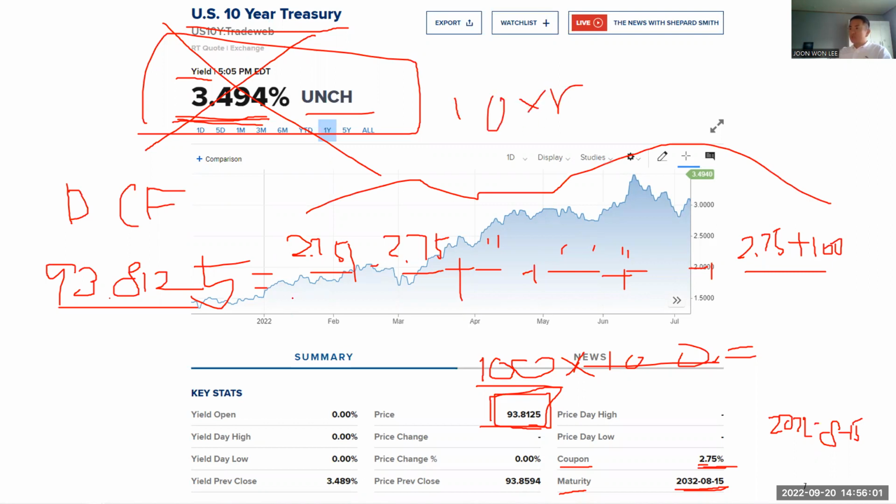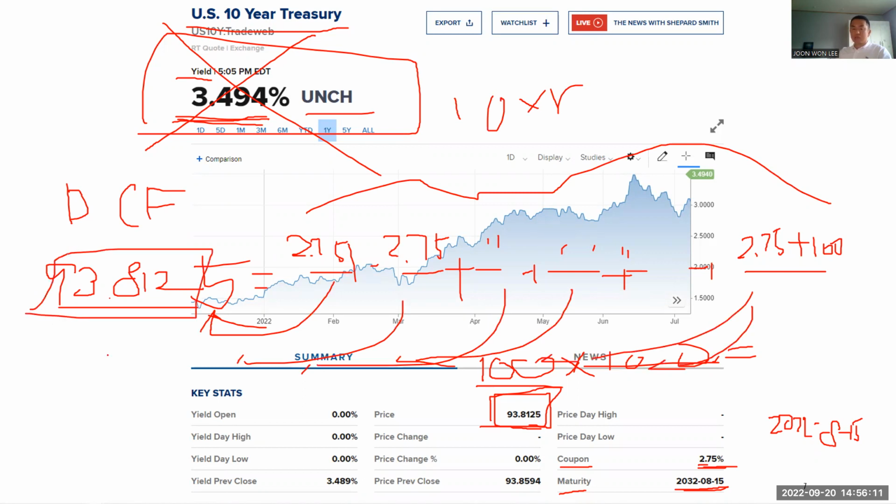Then you need to discount this cash flow to get the present value. You remember time value of money.